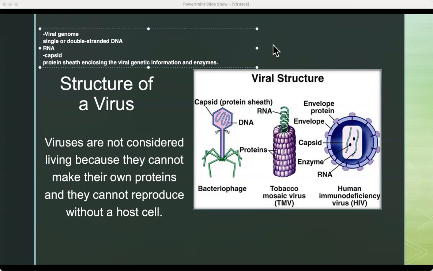Now, some viruses have what we call an envelope. So you'll see that in HIV in my picture here. Now, the viral envelope has different structures depending on which virus you're talking about. But a lot of times it's like a sugar lipid combination or a sugar protein combination.